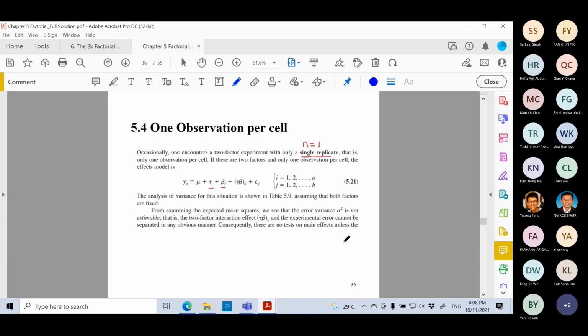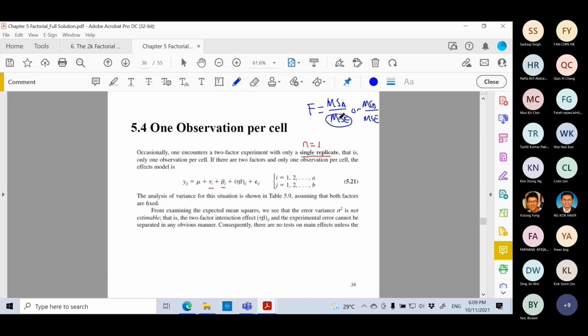If the replicate is equal to 1, your sum of squares for error will be equal to 0, so you cannot perform the F-test, because the F-test is MSA over MSE, or MSB over MSE. If SSE is equal to 0, you can't find your MSE, so you cannot test whether factor A or factor B is significant.